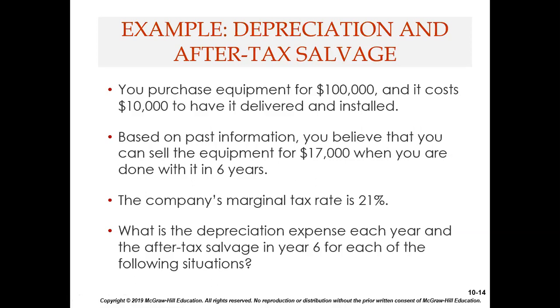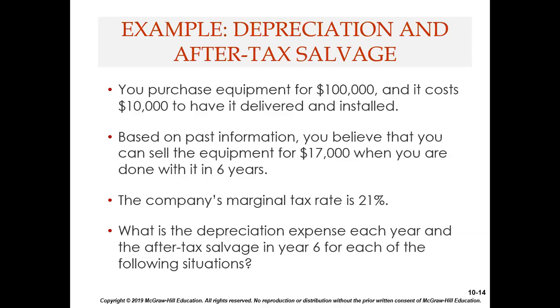I'm just going to jot that stuff down a little bit. The company's marginal tax rate, remember what marginal tax rate is? It's what the next dollar of income will be taxed at. And that's what we use to calculate tax implications from these cash flows. What is the depreciation expense each year? And then the after-tax salvage value in year 6 for each of the following situations.